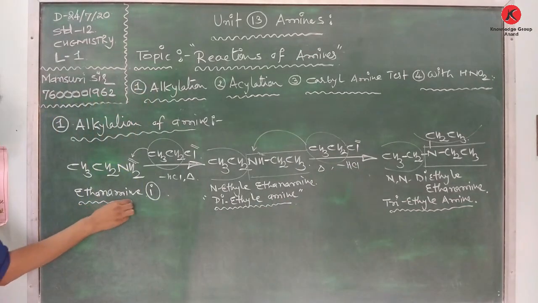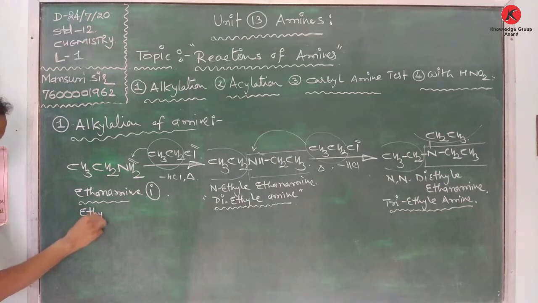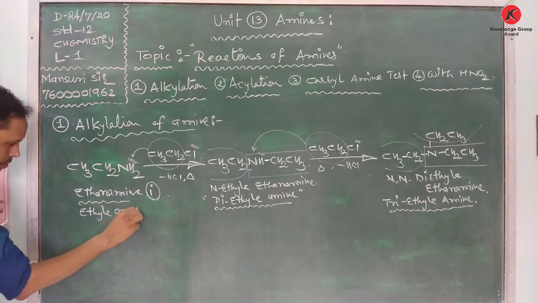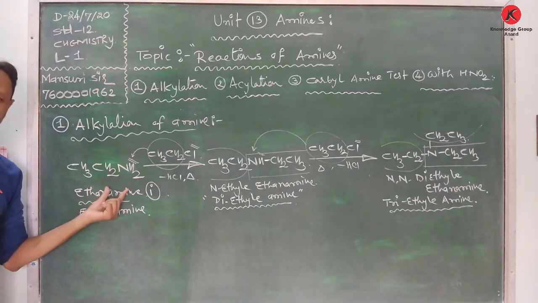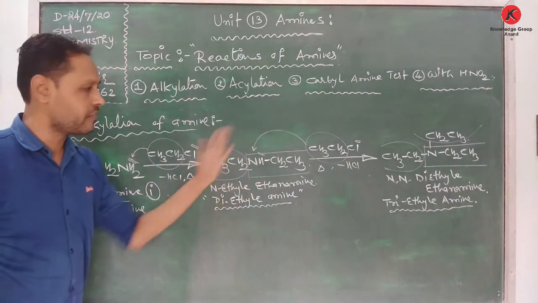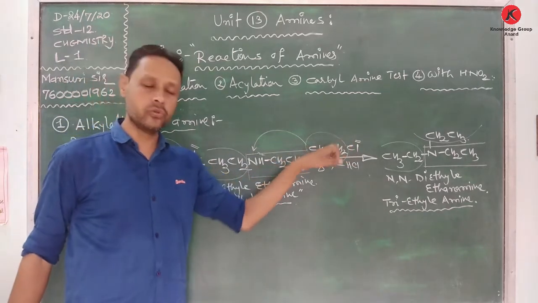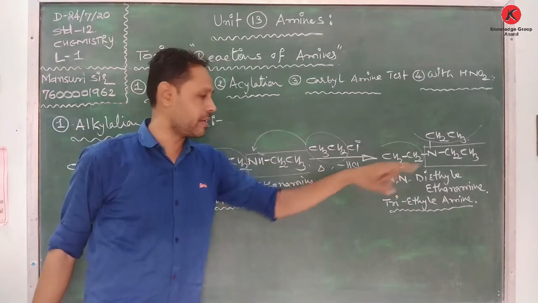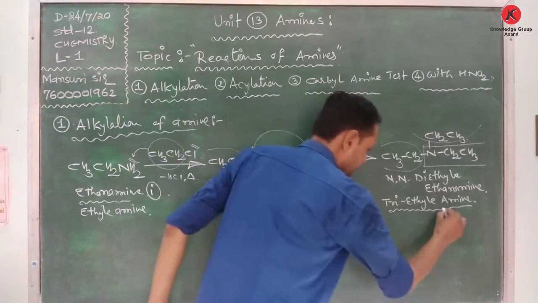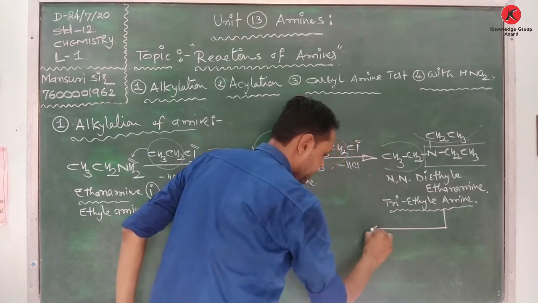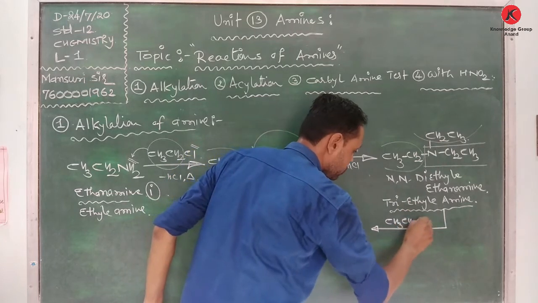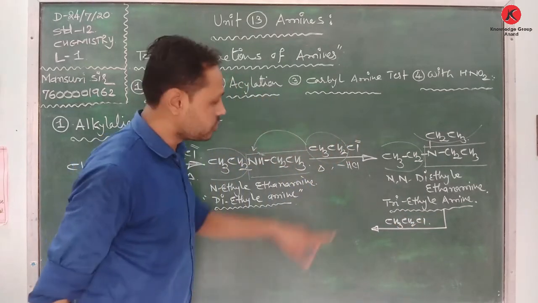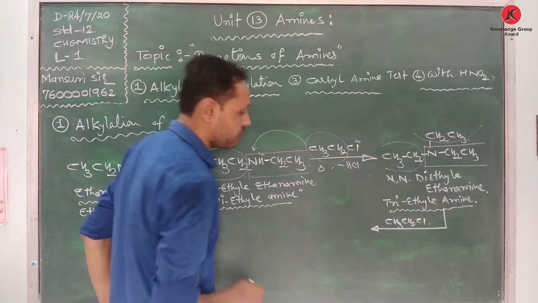So this is ethylamine. Now ethylamine reacts with ethyl chloride and forms diethylamine. Thereafter excess ethyl chloride is used, then triethylamine is obtained. Now after obtaining this triethylamine, if CH3CH2Cl is added to this solution, then what will happen?